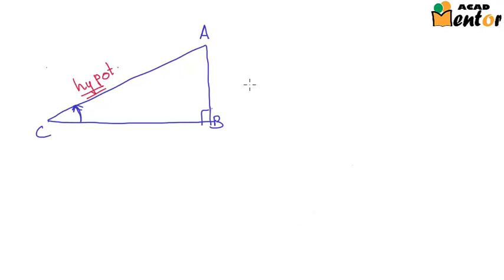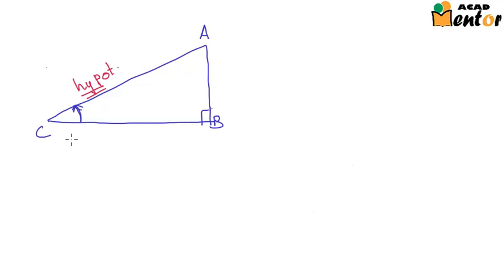So there's always confusion about which one is the perpendicular and which one is the base. Is AB the perpendicular or is AB the base? If we look at the triangle from the perspective of angle C, the perpendicular and base would be different, and if we look at it from the perspective of angle A, the perpendicular and base change.